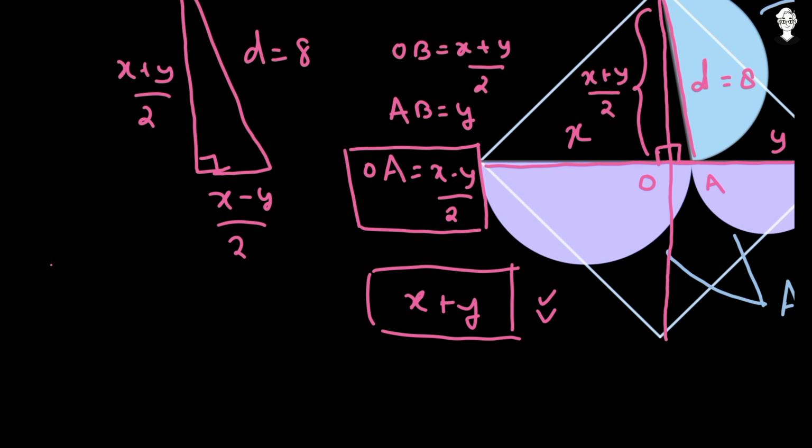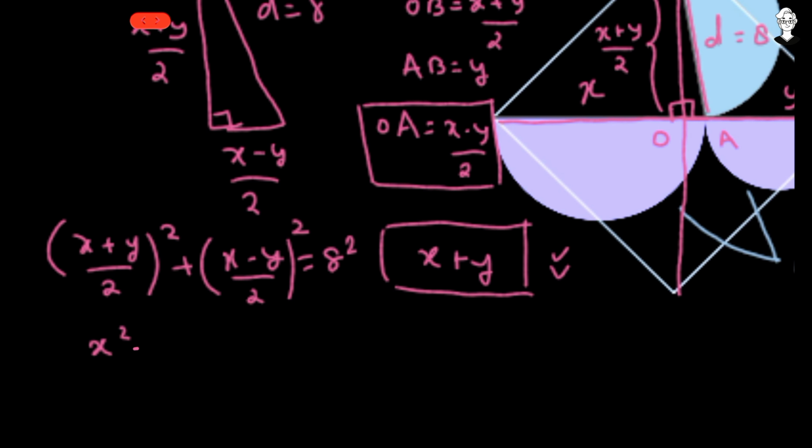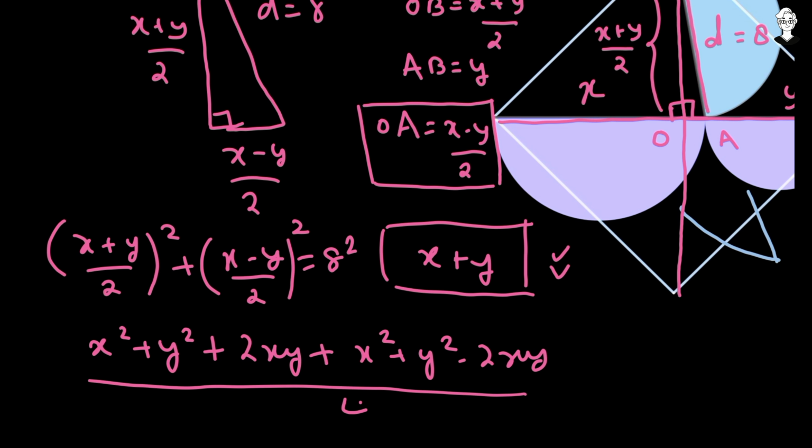After applying the Pythagoras theorem, we get ((x plus y) upon 2) the complete square plus ((x minus y) upon 2) the complete square is equal to 8 square. So we will get x square plus y square plus 2xy plus x square plus y square minus 2xy, and the common denominator becomes 4, that is 2 square, and this is equal to 64.